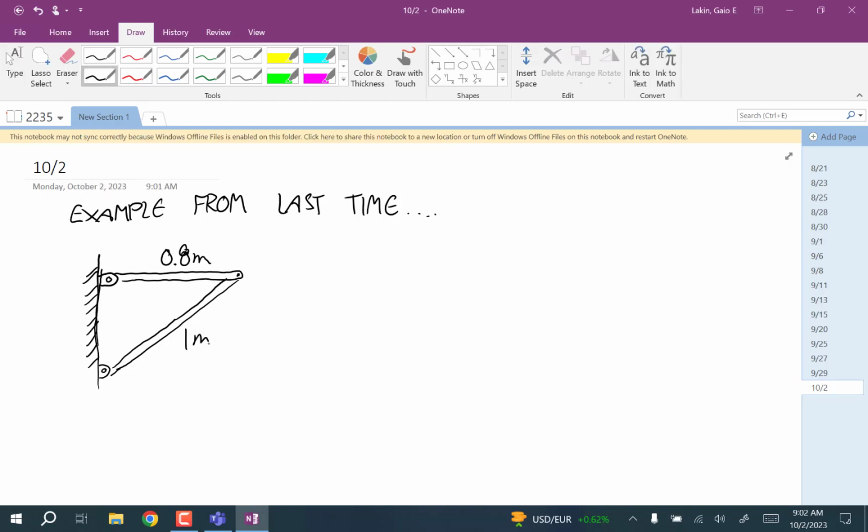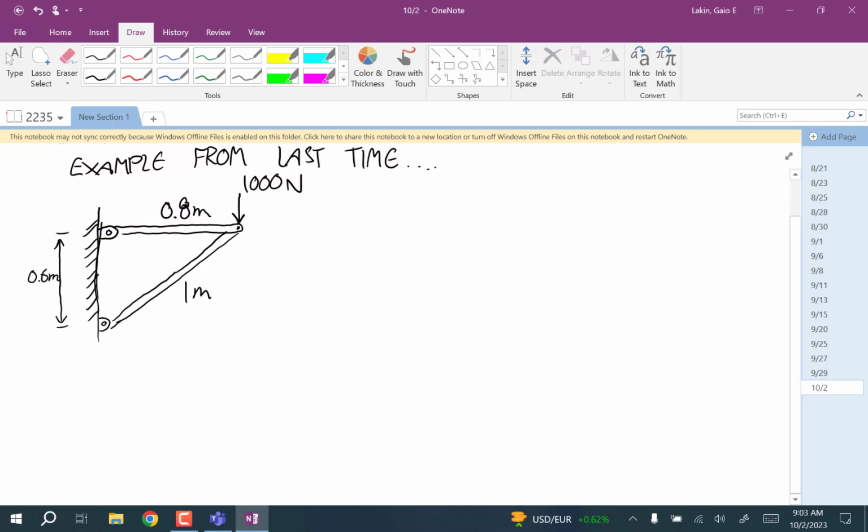And this is 1 meter, that's 0.8 meters. This distance here is 0.6 meters. And I ignored the weight, but at this pin here, there was a force of 1,000 newtons.